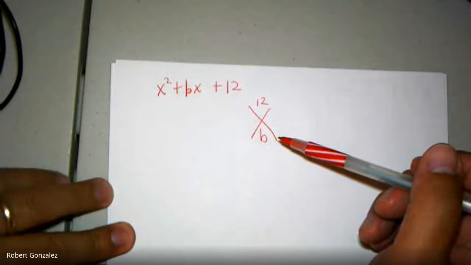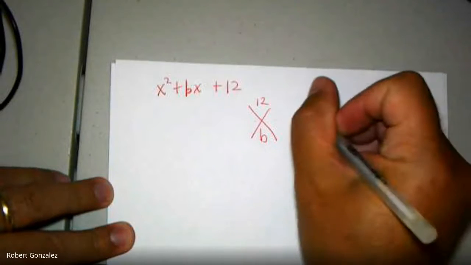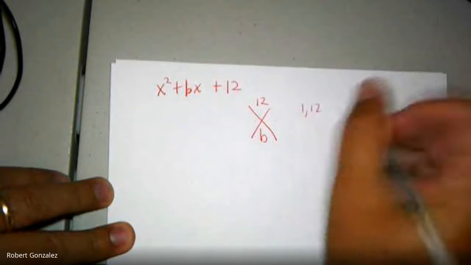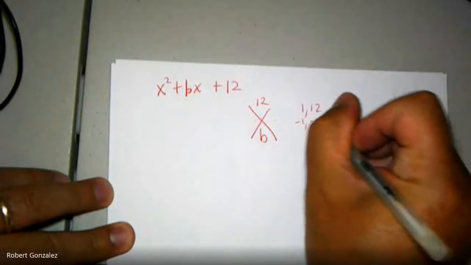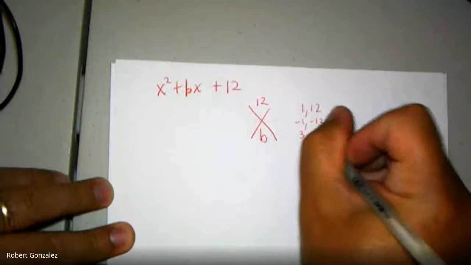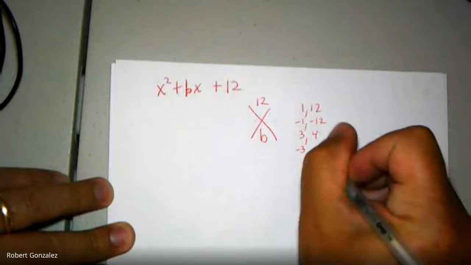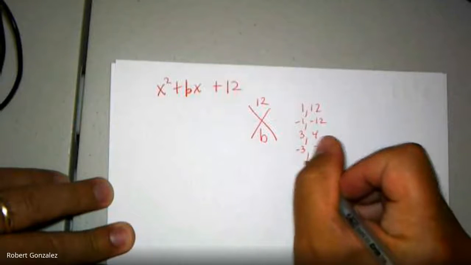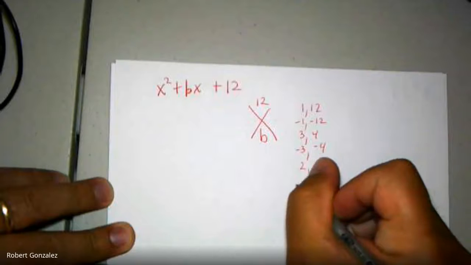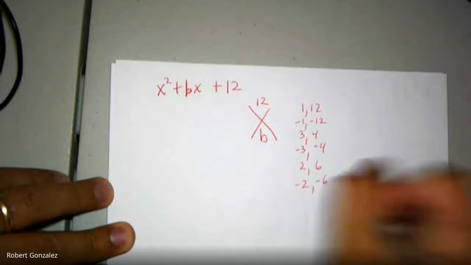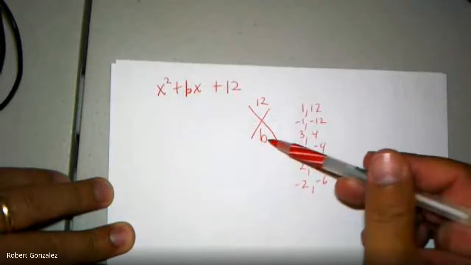So let's find factor pairs like 1 and 12, -1 and -12, 3 and 4, -3 and -4, 2 and 6, and -2 and -6. What would that make b equal?